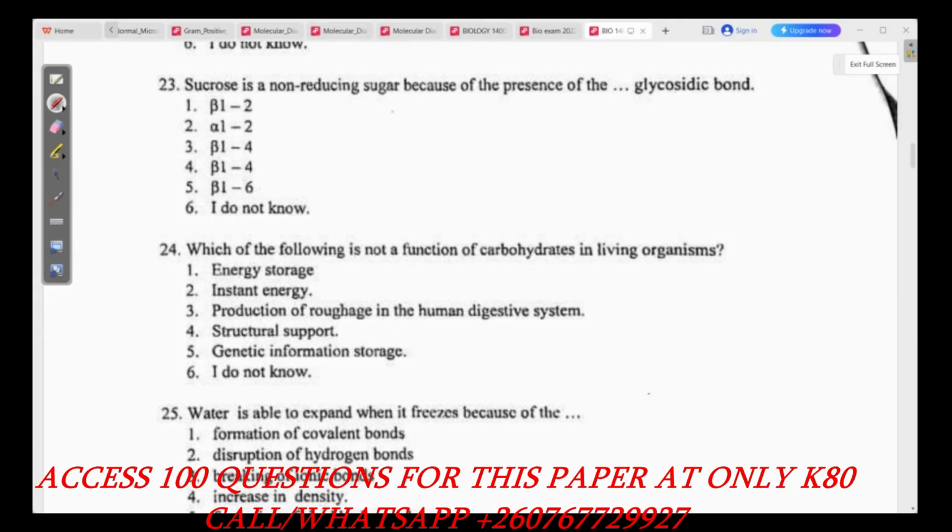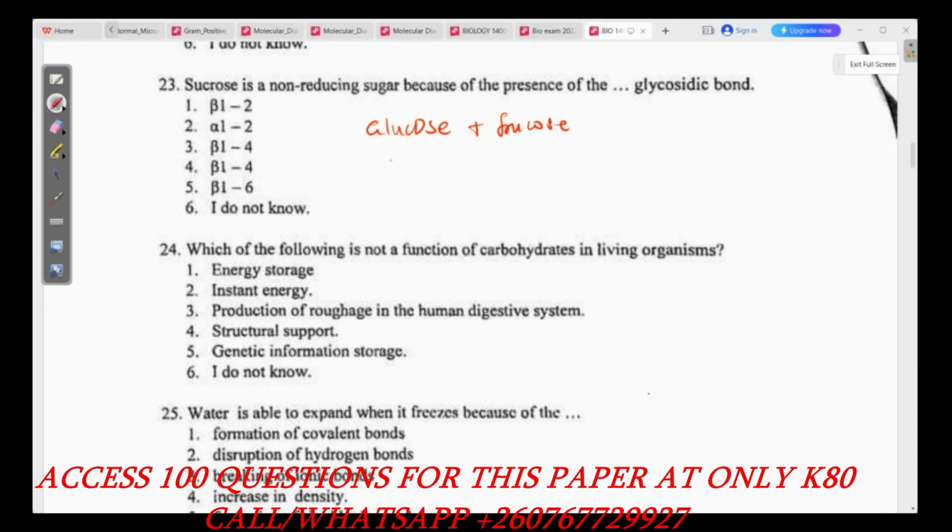Okay, 23. Cellulose is non-reducing sugar because of the presence of the dash glycosidic bond. So first of all, you have to identify the monomers of cellulose. So the monomers of cellulose are glucose, alpha glucose for that matter, and fructose. Okay, this will make cellulose.